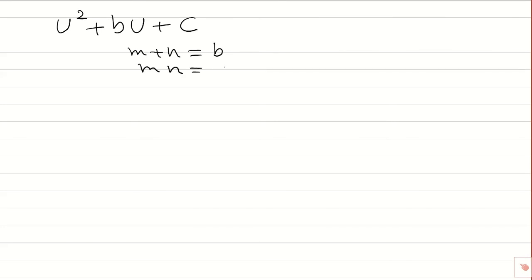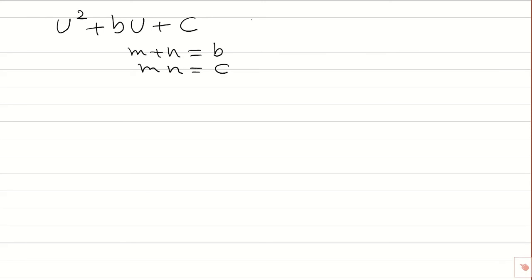Hello and welcome back. In my previous video I talked about the factorization of a quadratic in the form of u squared plus bu plus c, and I assume in this video that you know how to factor a quadratic in this form by finding m and n in a way that m plus n becomes b and mn becomes c.